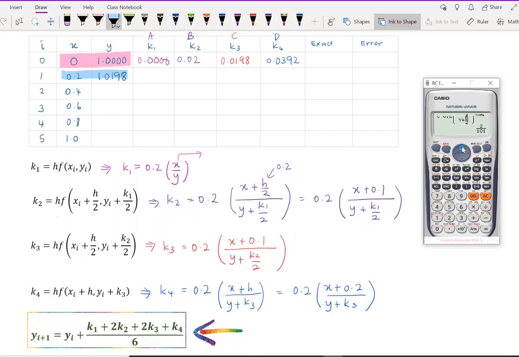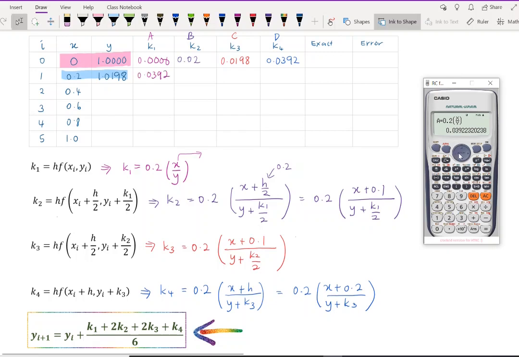Get back to our calculator. Find back the equation that we use for the value A. So just click calculate. Our new X value is 0.2, and our new Y is 1.0198. So our new value for A is 0.0392.